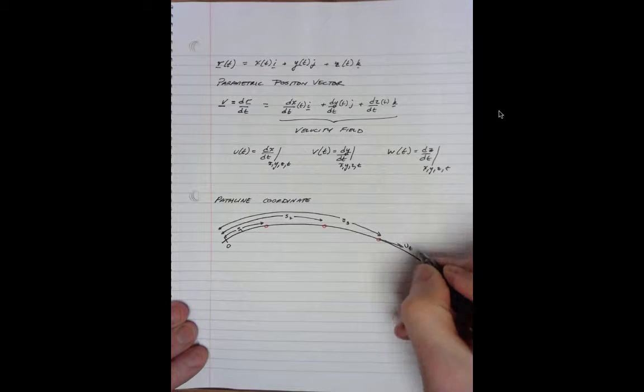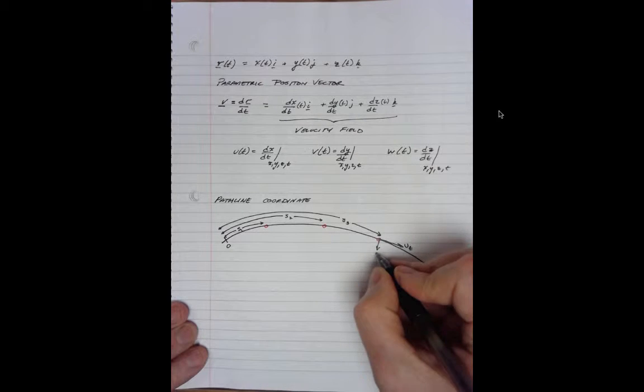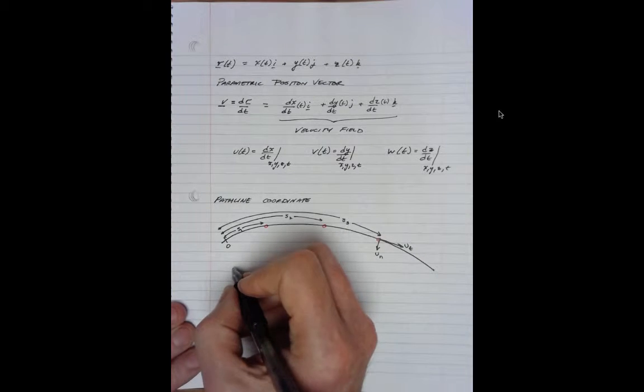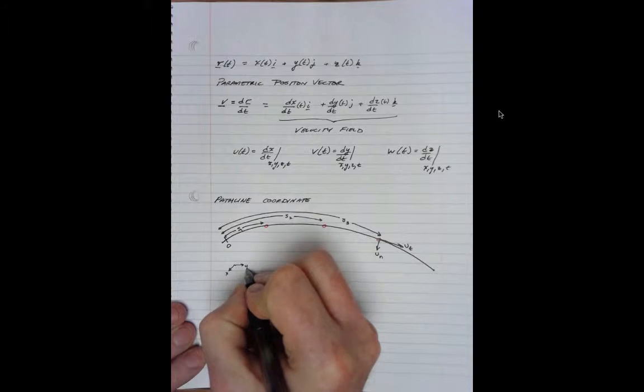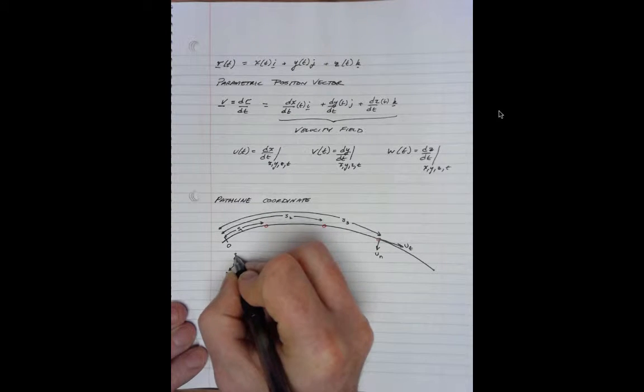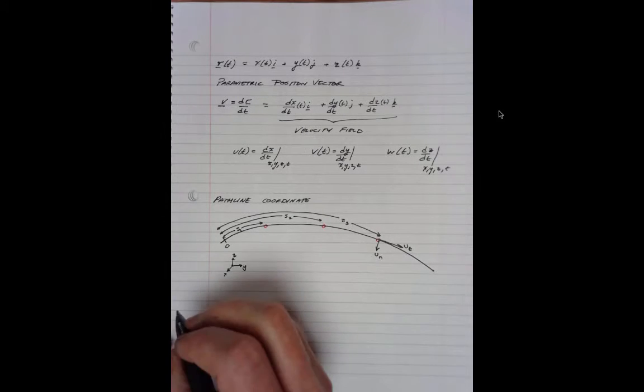And then we can describe the behavior of that particular particle with a tangential velocity and a transverse or a normal velocity, normal to the path line. And this can be done in 2 or 3 dimensions. So x, y, z, that might be our Cartesian system, but in the path line system, it's going to be distance along the path from its origin, and there'll be a u velocity along the path, and there'll be a velocity transverse to the path.